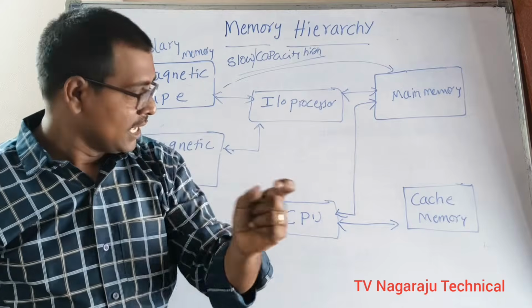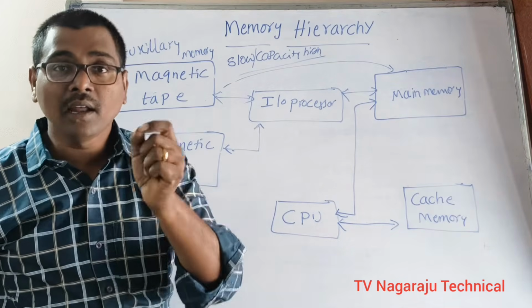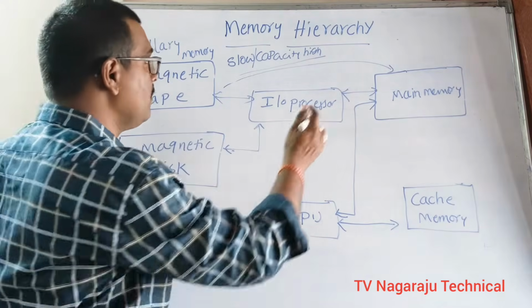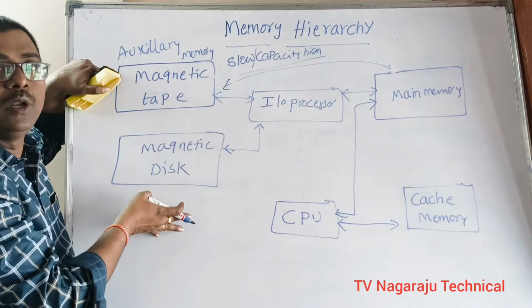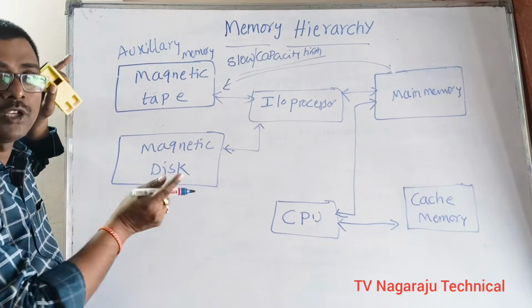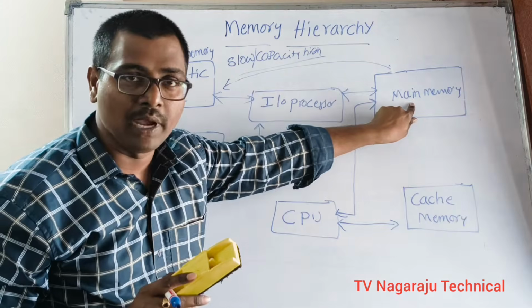Exactly in the reverse, suppose the data available in the main memory is not at all required right now, simply the data from the main memory is copied into auxiliary memory. You got it? This acts as a backup storage. Only currently running and required programs are stored in main memory.